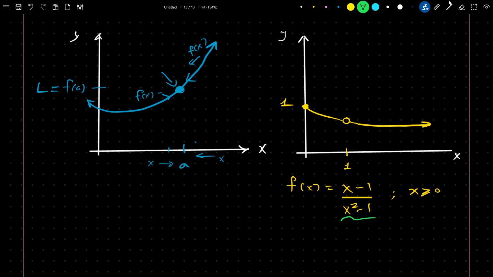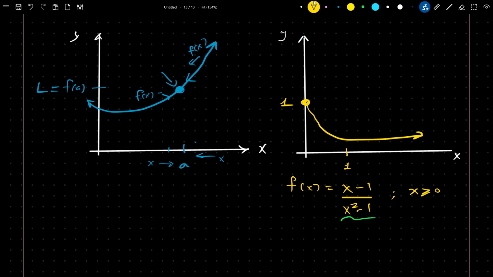So actually, you can see that this function is not defined at this point, x equals 1, right? Let me make it a little bigger. All right, so this function will look something like this. Now that's much better.